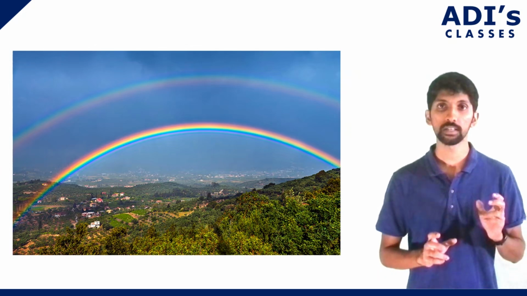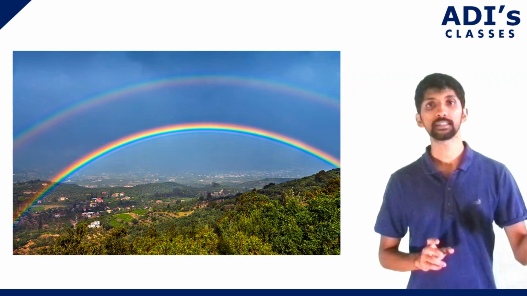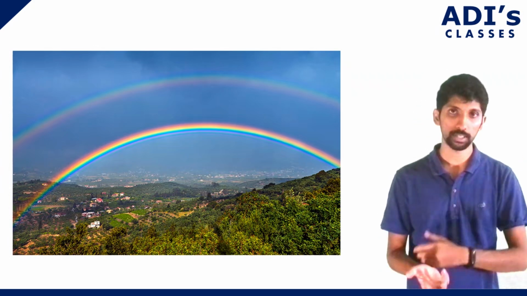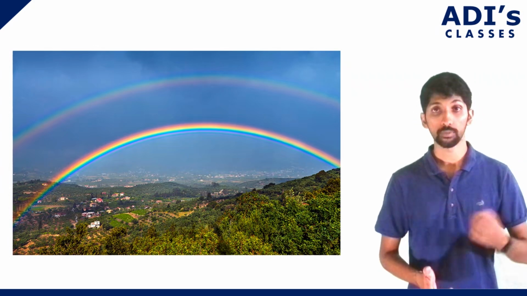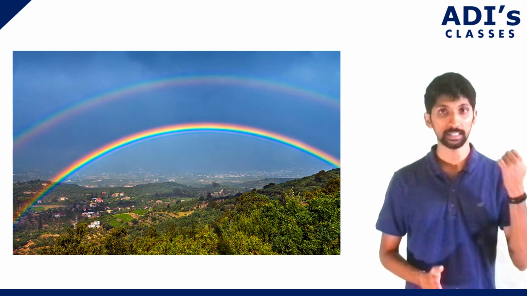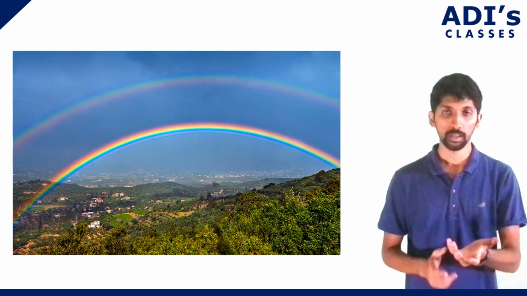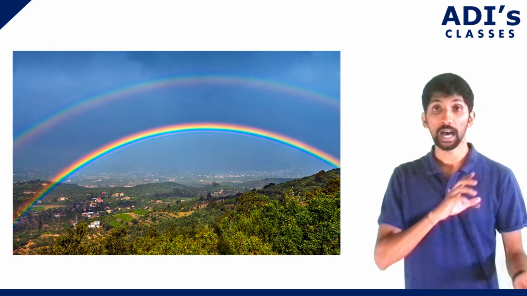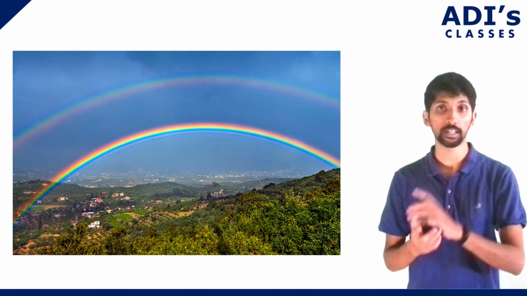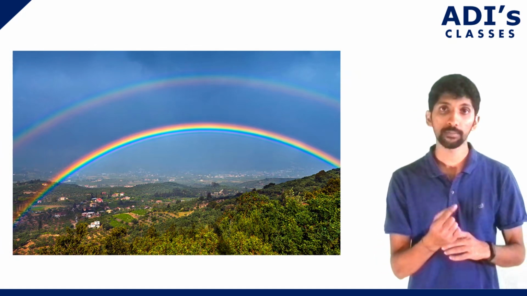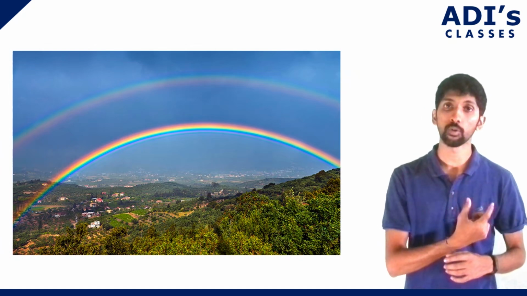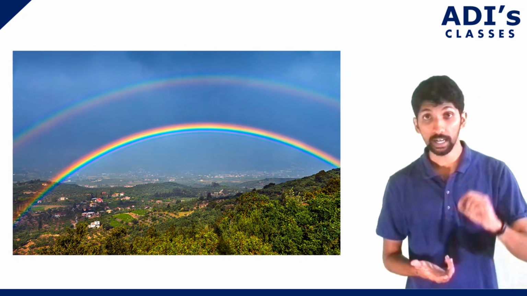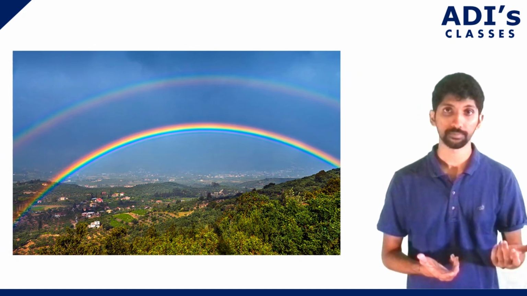What happens is, let's say there are water droplets in the atmosphere. When a ray of light comes and hits the water droplets, it undergoes total internal reflection. As it undergoes total internal reflection, the ray of light emerges from the water droplet. That causes dispersion.